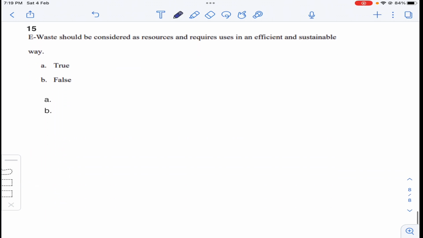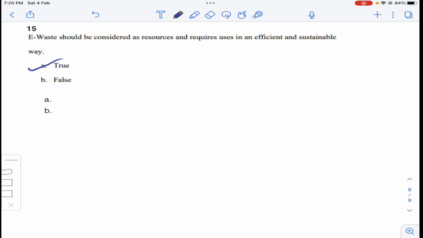Coming to the last question. E-waste should be considered as a resource and requires use in an efficient and sustainable way. Answer A, this is a true statement. That is, e-waste should be considered as one of the resources, that is, all the waste that is generated in our state or our home or our country will be reused in some other locations.